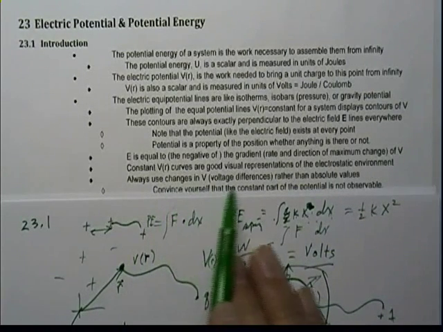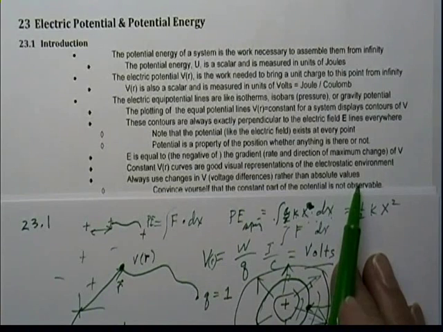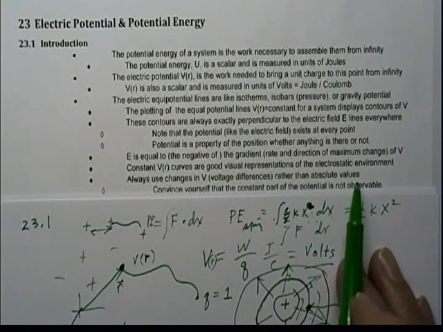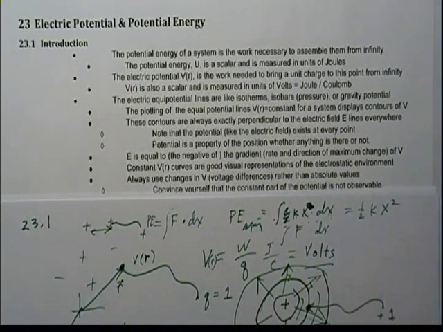We always use changes in voltage rather than the absolute values. It really doesn't make much sense to talk about the absolute value of the voltage. We can look at what the voltage is relative to a point at infinity. But if we take something like a battery, we'll see it has a positive and a negative terminal. What we're really interested in is the work necessary to take 1 positive coulomb from one terminal to the other terminal of the battery.